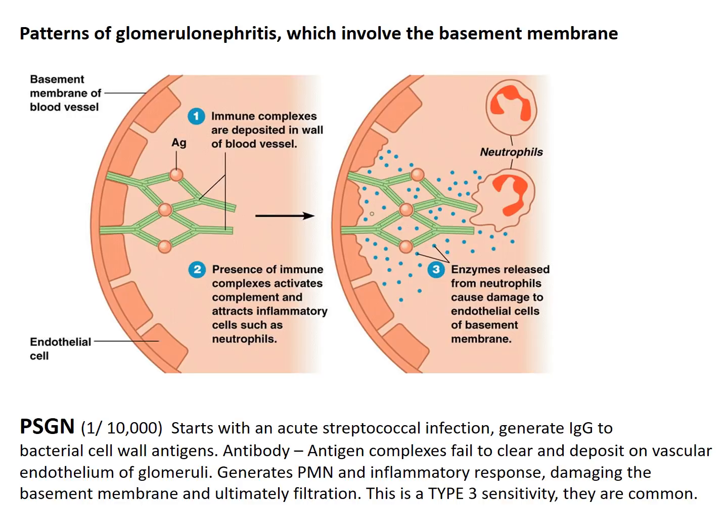This is not considered to be autoimmune because the antibodies are being generated to streptococcal antigens, right? You're not generating antibodies against your own antigens, you're generating them to the streptococcal antigens.